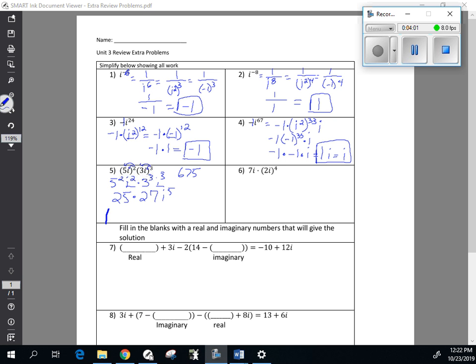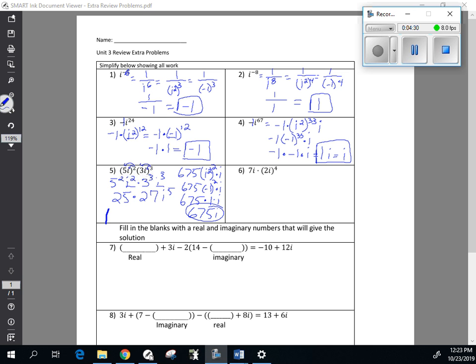My i to the 5th, I can rewrite that as i squared, so I have 4 i's here, and then I have an extra i on the outside. So 675, that's going to be negative 1 squared times i. Negative 1 squared is 1 times i, so this is going to be 675i. That's my final answer.